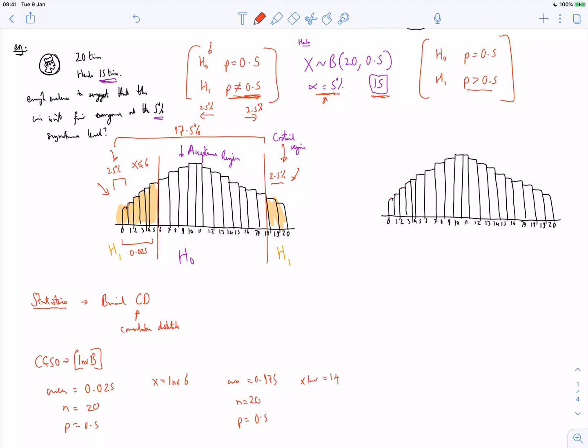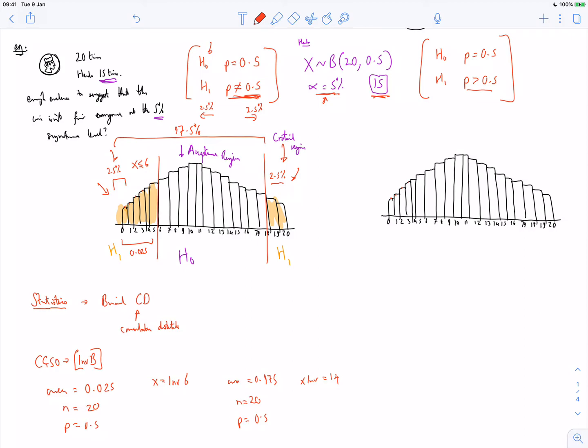Now, let's think about this very carefully, because if I go to my CD function, my cumulative distribution, and I have the lower as 15, the upper as 20, number of trials 20, I get so-and-so.